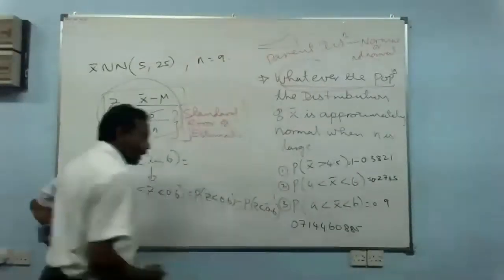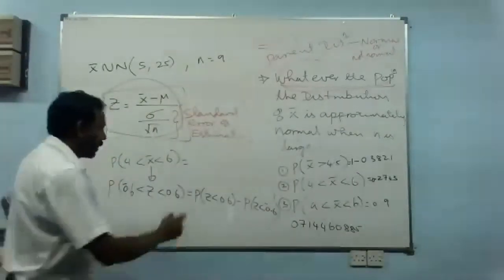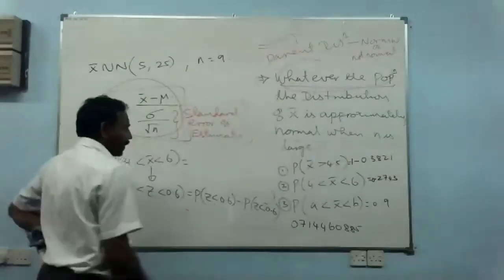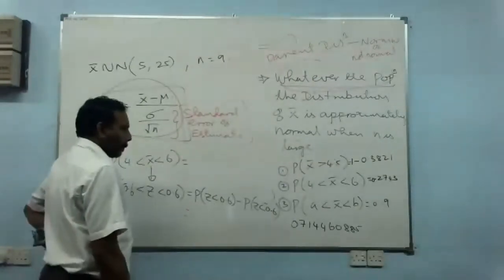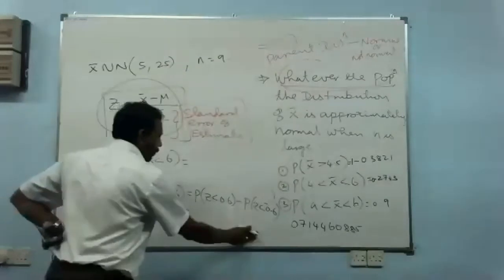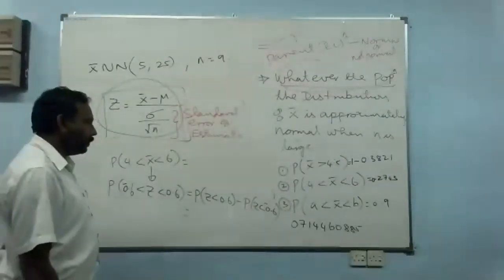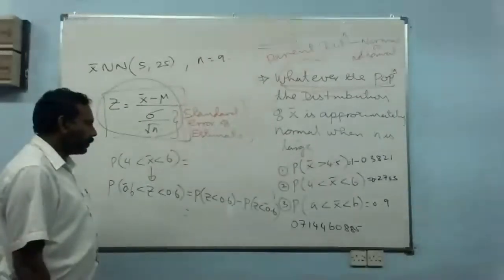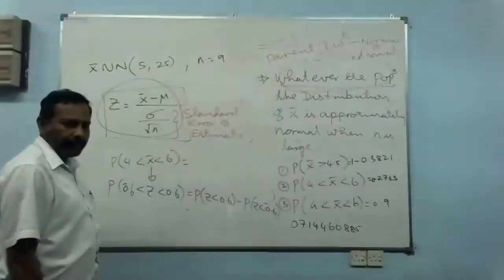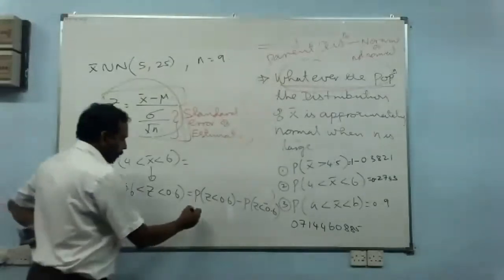So we can write like this. Is it? So what is the answer for this? 0.7257.